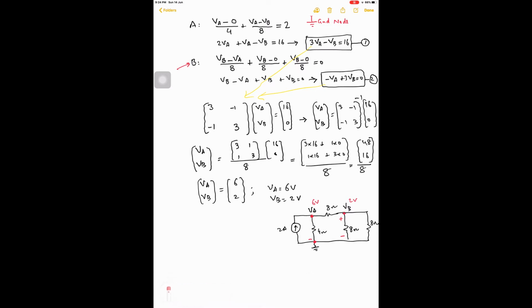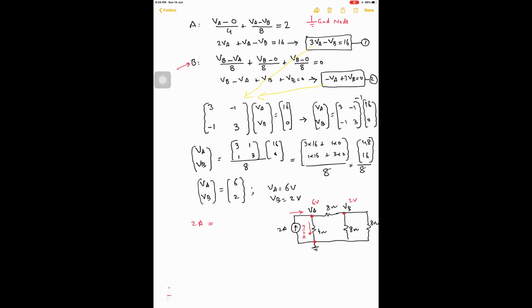Now we verify Kirchhoff's current law over here. This current is 2 ampere. What is this current? The voltage across this 4 ohm resistance is 6 volt, and voltage divided by resistance is 6 by 4, so this is 3 by 2 ampere, flowing away from the node.